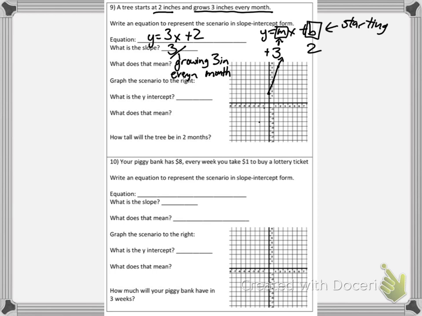Because I can't have a negative time. What is the y-intercept? The y-intercept is at (0, 2). And that means starting at 0 months, the tree is 2 inches.